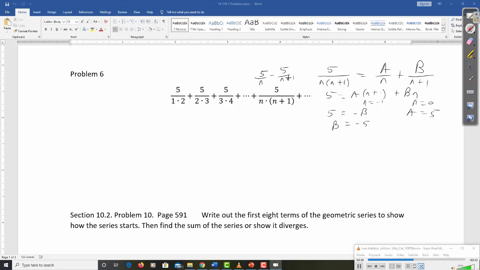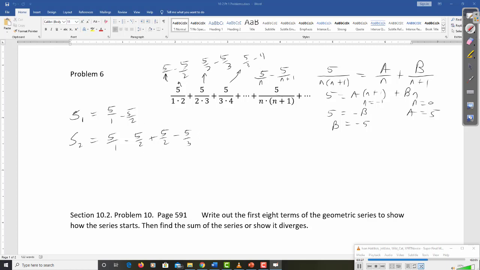And that's an interesting case, because that means the first term is 5 over 1 minus 5 over 2. This term is 5 over 2 minus 5 over 3. This term is 5 over 3 minus 5 over 4. Well, if you think about that, s sub 1 is of course 5 over 1 minus 5 over 2. S sub 2 is 5 over 1 minus 5 over 2 plus 5 over 2 minus 5 over 3.